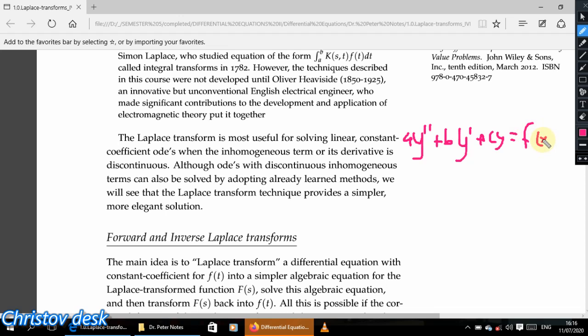You would want to solve this using the Laplace approach, if provided the constant coefficients. So A, B, C are the constant coefficients, and then these are ODEs.